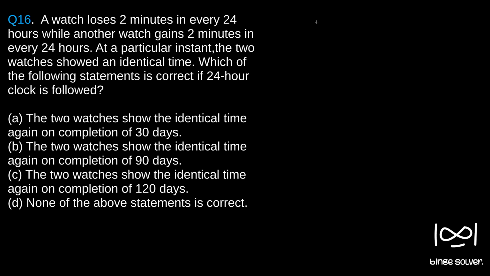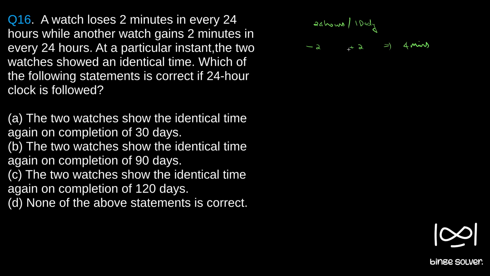So in 24 hours, or one day, one watch loses 2 minutes and another watch gains 2 minutes. So in effect, the difference between the two watches is 4 minutes, right?